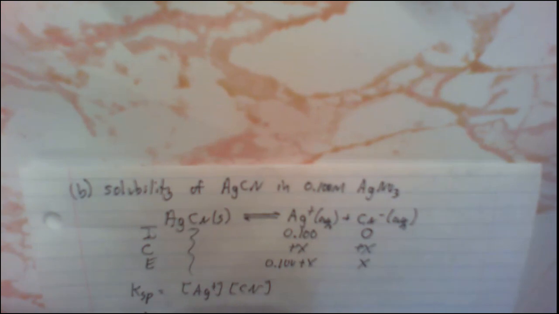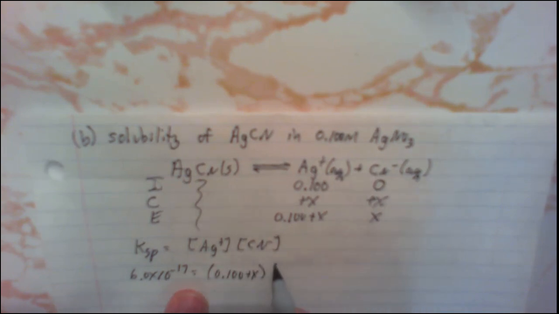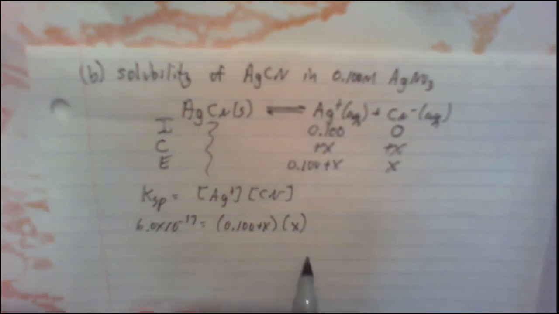So the KSP value, 6.0 times 10 to the minus 17, is equal to the concentration of silver, which is 0.1 plus X, times the concentration of cyanide, which is X. So at this point, we want to solve for X. And we can do so by distributing X through 0.1 plus X, and then we get a quadratic equation. Well, actually, you do get a quadratic equation, and then we can solve for X from that.